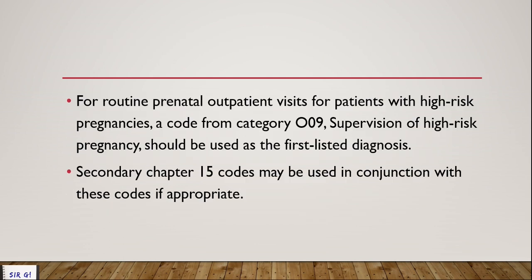For routine prenatal outpatient visits for patients with high-risk pregnancies, a code from category O09 should always be a first listed code. As I mentioned a while ago, it should always be first listed. And secondary chapter 15 codes may be used in conjunction with those if appropriate. Yes, you may still need to use additional codes, as long as your O09 code is always your first listed code.